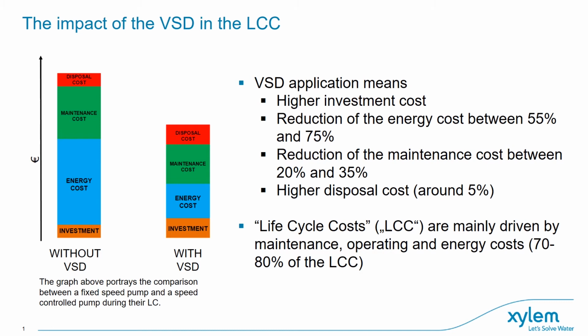This would cause water hammer, which has an impact on pipe joints, valves, other control equipment, etc. So with having the soft start of a variable speed drive, we can reduce the maintenance costs in the region of 20 to 35%. And this gives us a significant life cycle cost saving, mainly driven by the maintenance, operating and energy costs that we have previously explained.